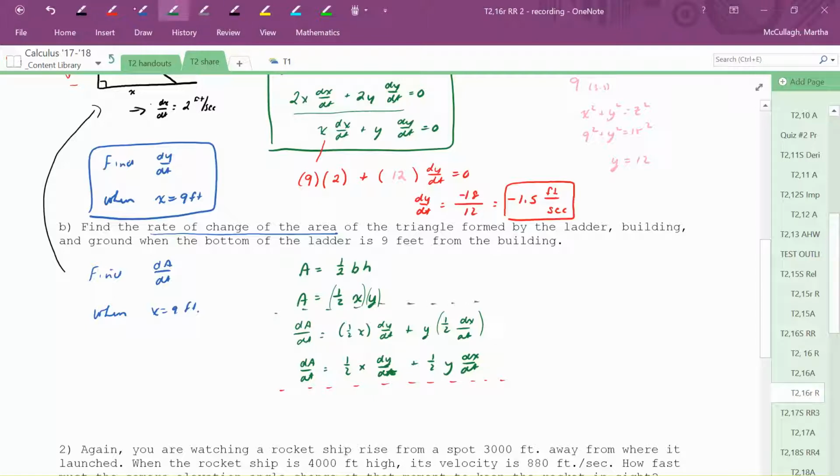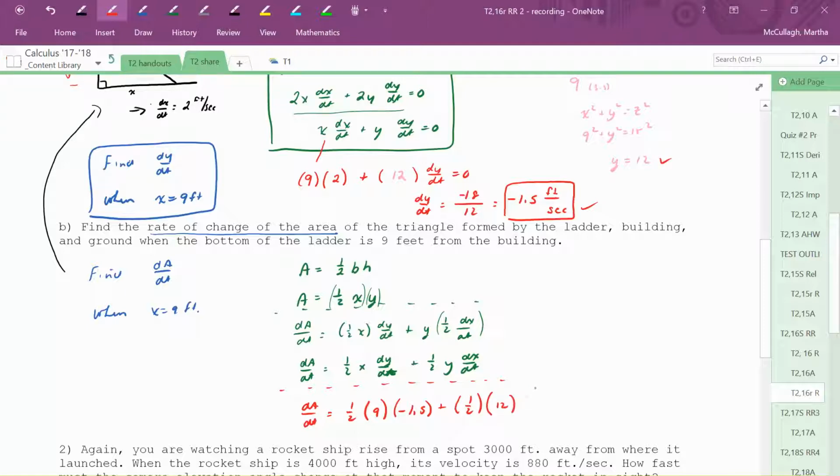Keep my stuff consistent here. And I have dA dt equals 1/2, x is 9. dy dt, we found up above, is negative 1.5 plus 1/2. We've got fractions and decimals going on here, but we're okay with that. Our y value, which we found up above, is 12.